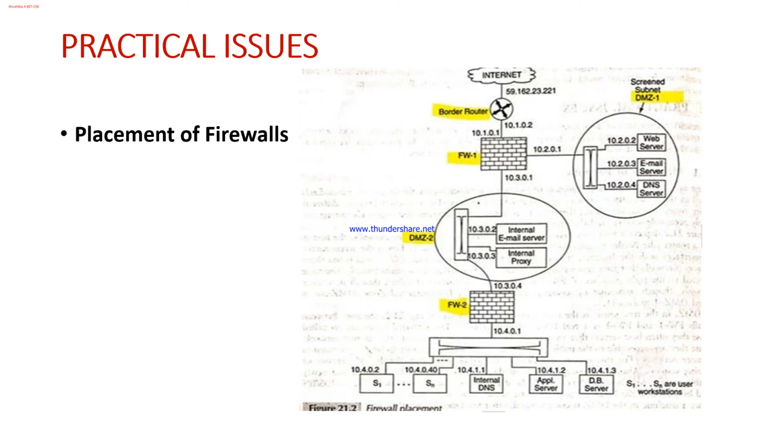These demilitarized zones are so called because they often host servers that are accessible to the internet and also to the internal network. You can see all these servers are host servers accessible to the internet and to the internal network.